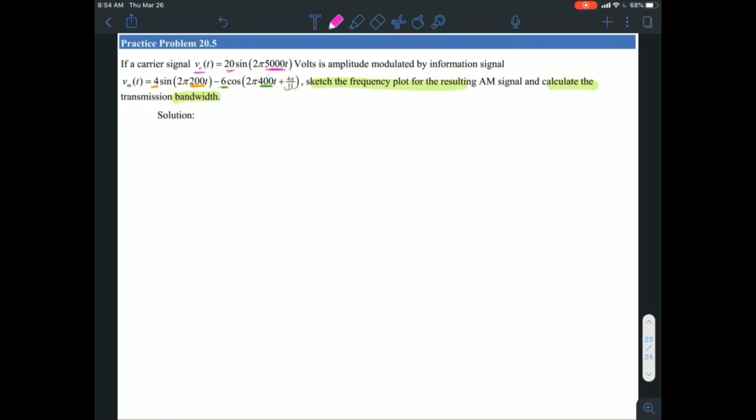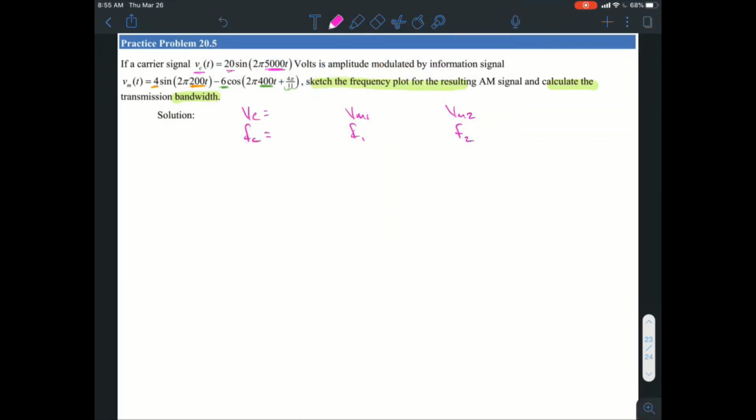So we'll use the same methods we did before, and we're going to start by writing down our V sub C, our F sub C, our V sub M, and in this case we're actually going to have two V sub M's, so we'll have a V sub M1 and a V sub M2, and then we're going to go ahead and write down the corresponding frequencies as well, F sub 1 and F sub 2. So we will keep these matched up by color.